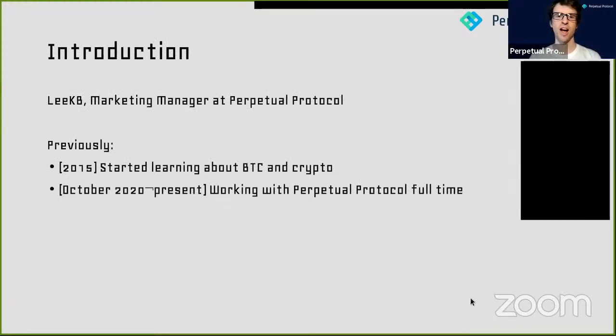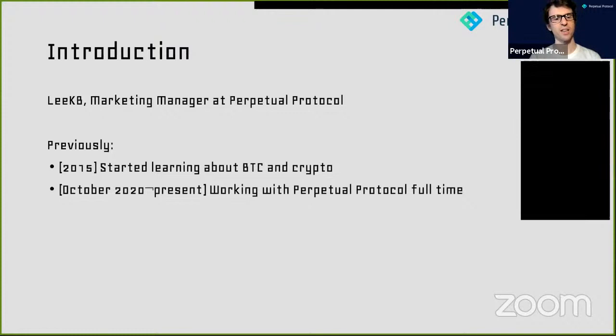So Perpetual Protocol started back in 2019 around October and was running in dark mode, developing quietly up until about last summer when we had a launch on our testnet and also got some investment from some pretty major investors in the space.